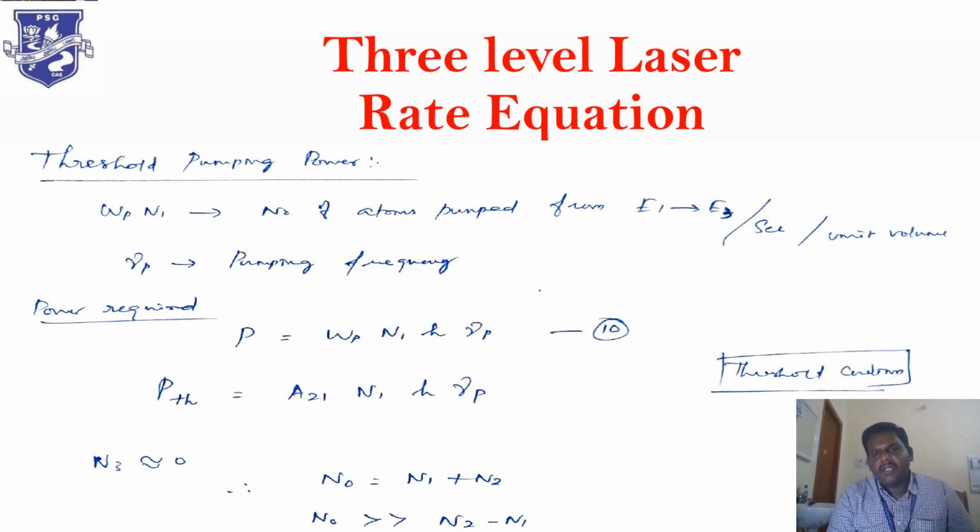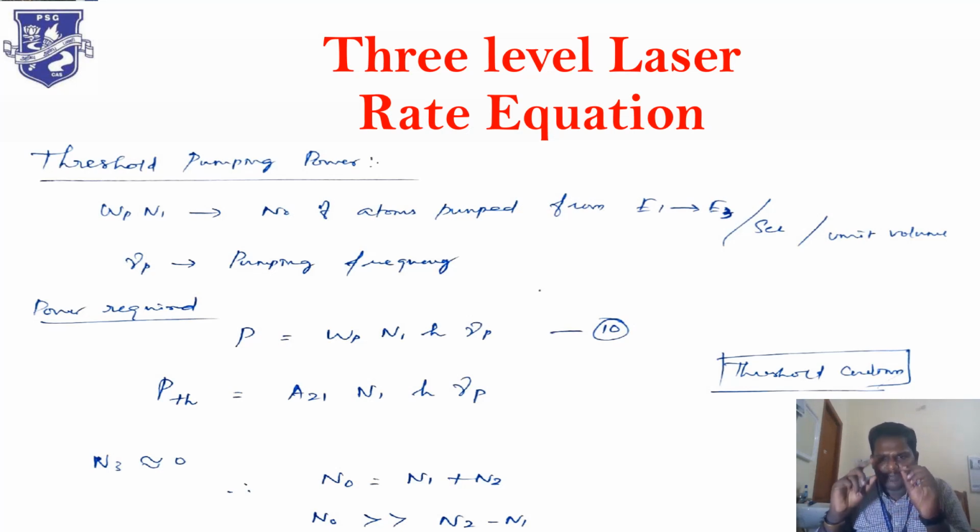By utilizing the power threshold condition, we can write WP as almost equal to A21. That's why we replace WP by A21 and rewrite this P as the threshold power P.